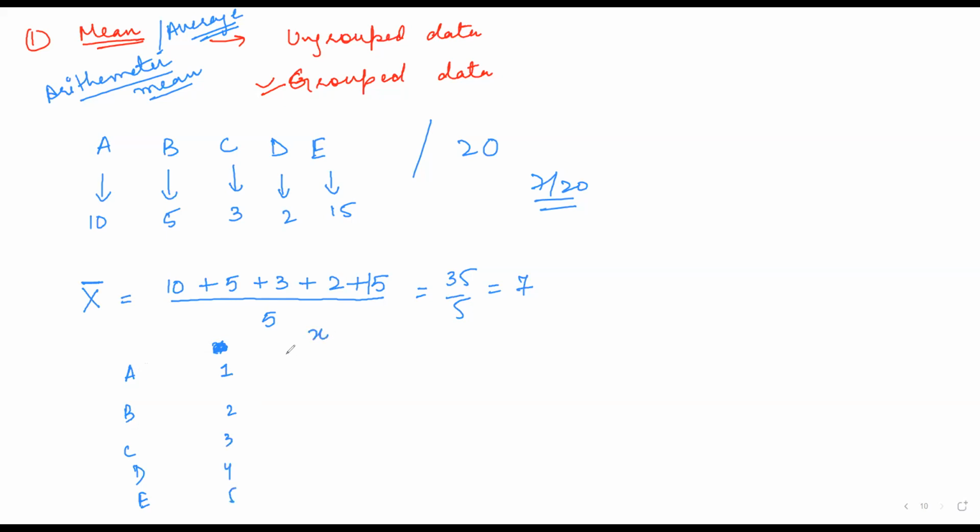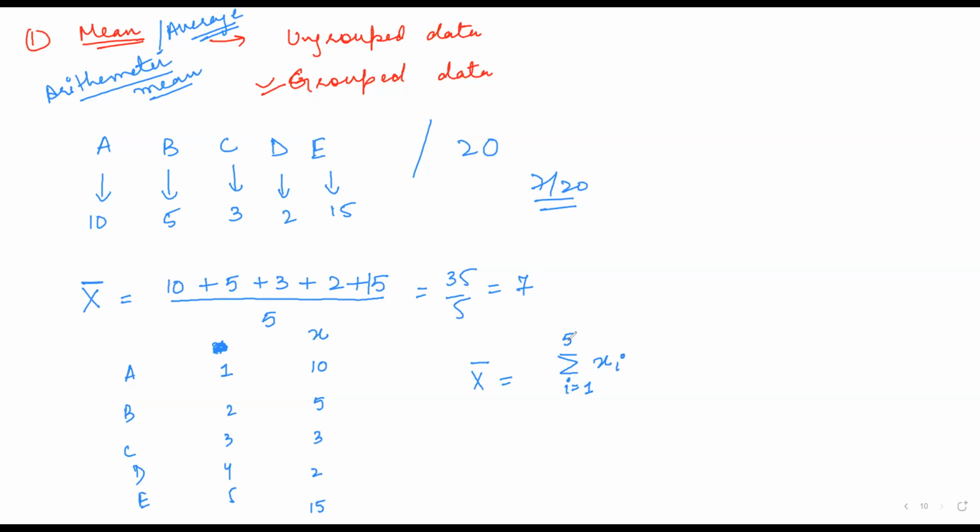Then small x denotes their marks. So marks are 10, 5, 3, 2, and 15, like that. This average x bar is actually denoted like this: summation x i, where i will start from 1 and go up to 5. Is that clear?